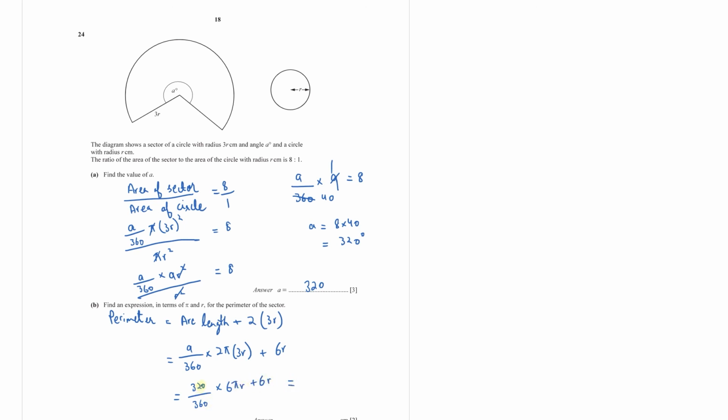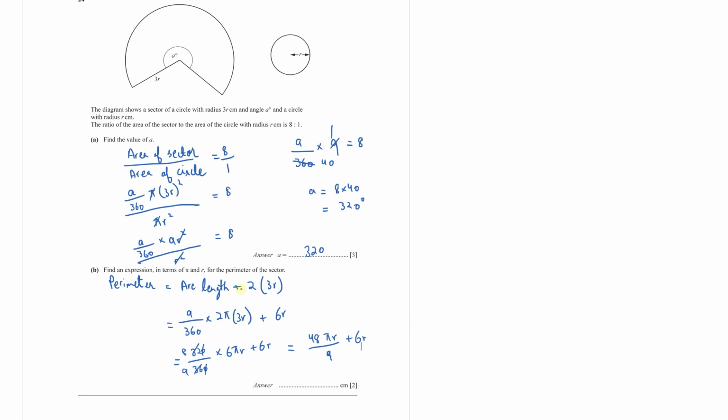Then you can simplify this, zeros cancel out, 4 times 8 and 4 times 9 is 36. So you multiply 8 by 6, you get 48 pi r over 9 plus 6r. So this would be your final answer, 48 pi r over 9 plus 6r.